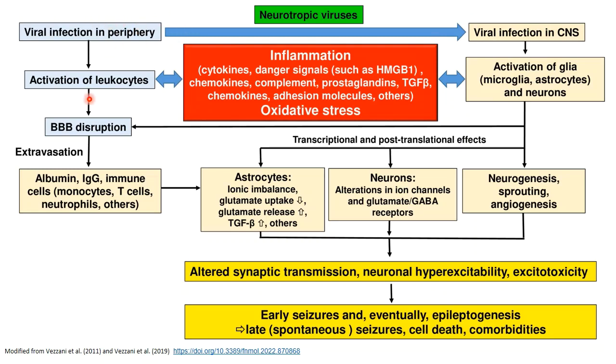They can also cause activation of leukocytes. These leukocytes, on being activated, produce characteristic inflammatory cytokines which disrupt the blood-brain barrier, and there is a characteristic extravasation of albumin, immunoglobulin G, and other immune cells, particularly the monocytes, T cells, neutrophils, etc., and that characteristically causes these astrocytes to undergo ionic imbalance, as a result of which there is decreased glutamate uptake and increased glutamate release.